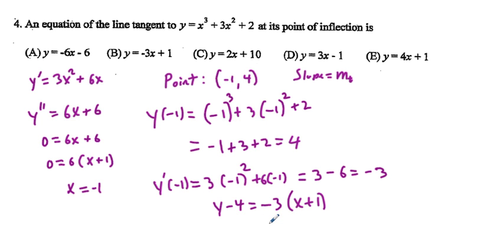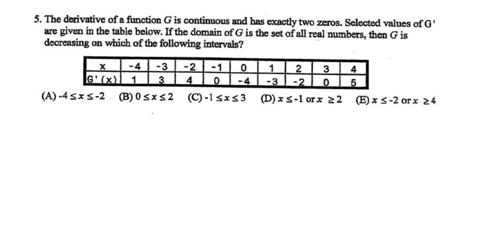So just simplifying, we're going to have y minus 4 equals negative 3x minus 3. And adding 4 to both sides of the equation, we're going to have y equals negative 3x plus 1. So negative 3x plus 1, we hope it's here, and yes it is. Our answer is B.